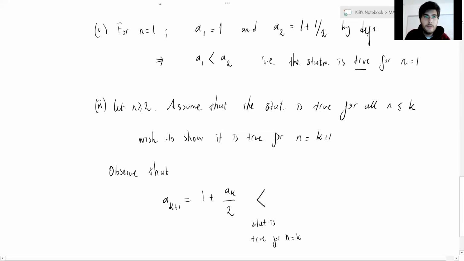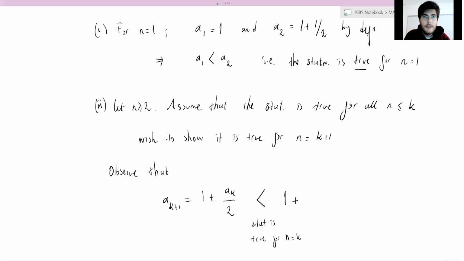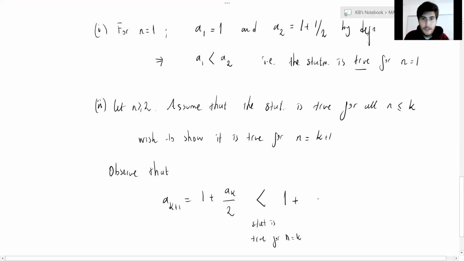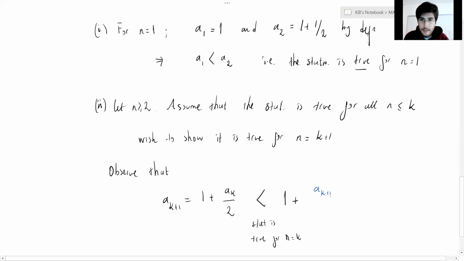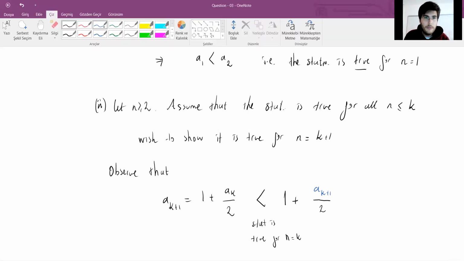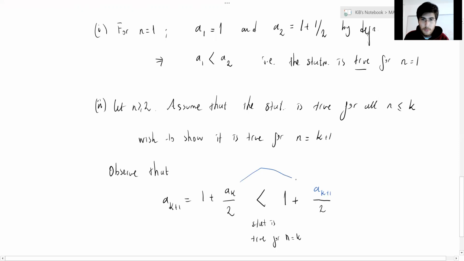Therefore, let me write it down. It is already true when n is k. Therefore, we automatically have an inequality like this. Because this is true for n equals k, we have this inequality.